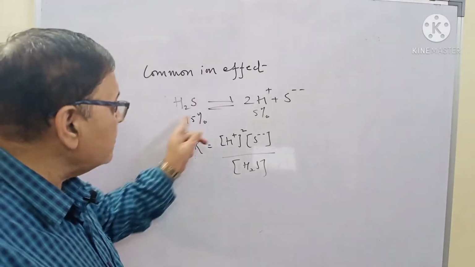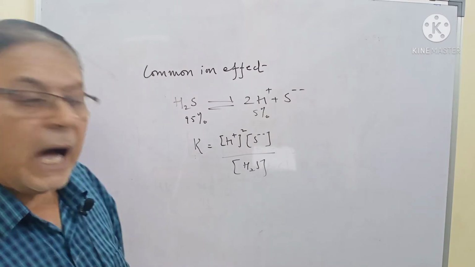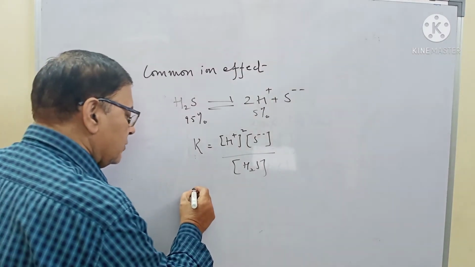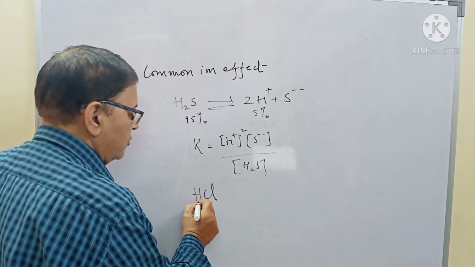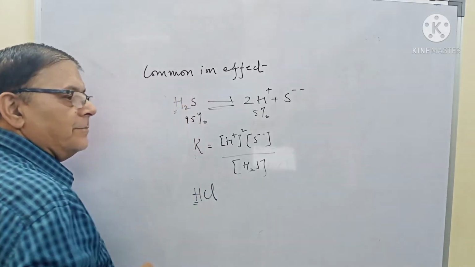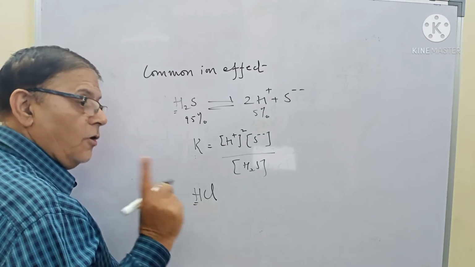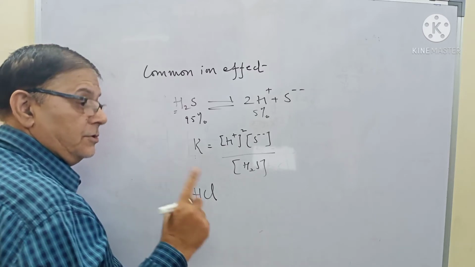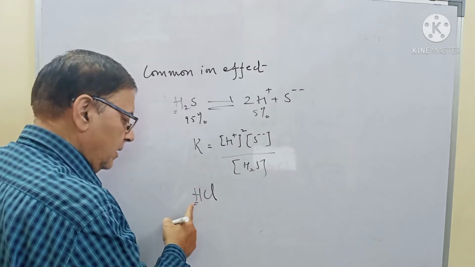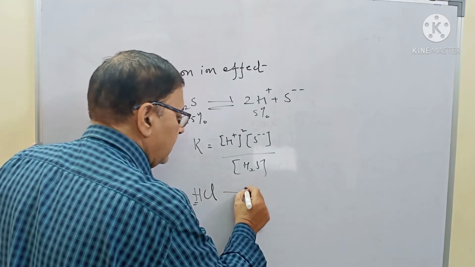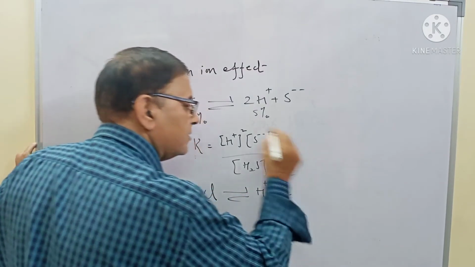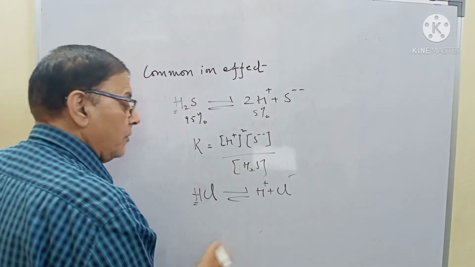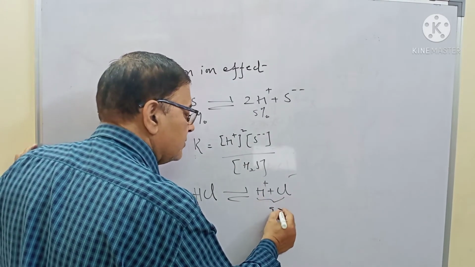Now, to this weak electrolyte, I will be adding a strong electrolyte containing the common ion H+, which dissociates to a greater extent. So HCl will dissociate as H+ and Cl-. Strong electrolyte, 95% dissociation.